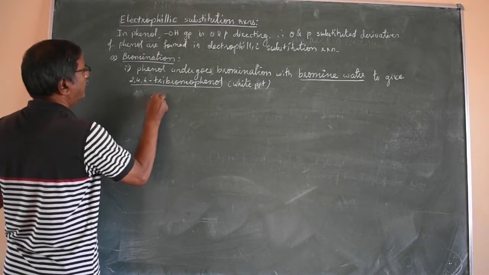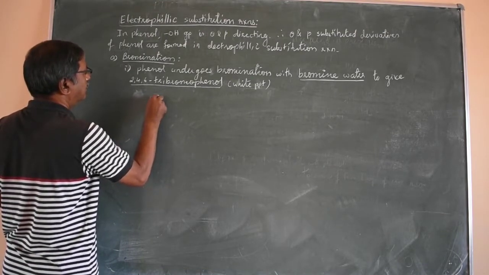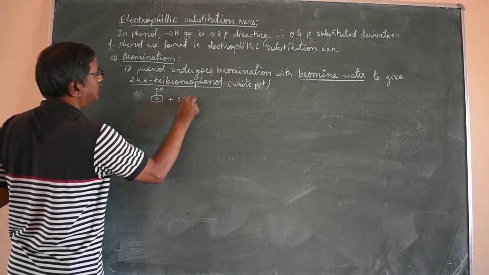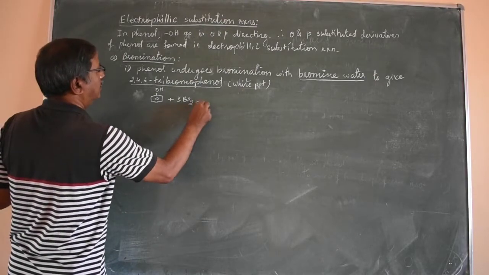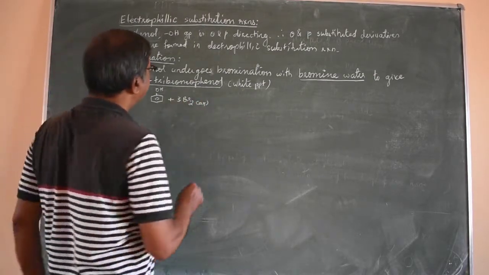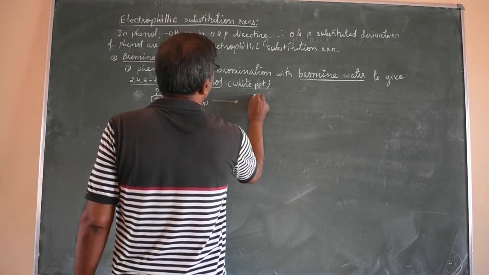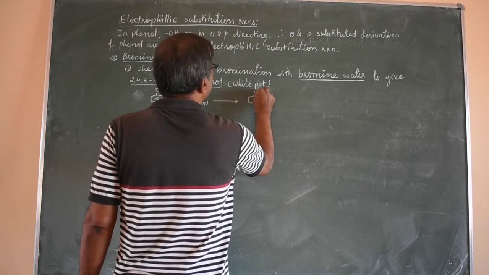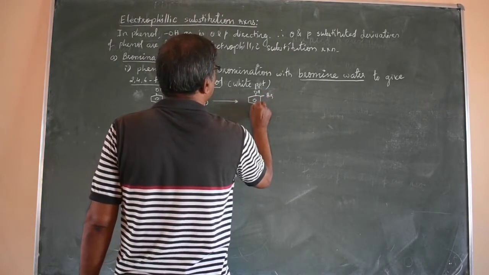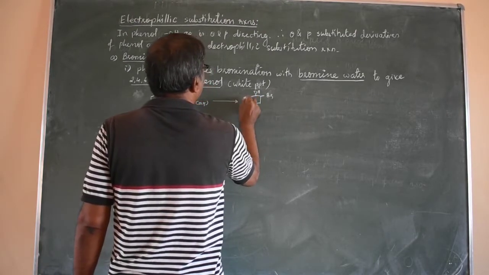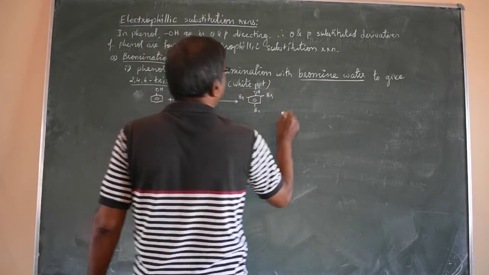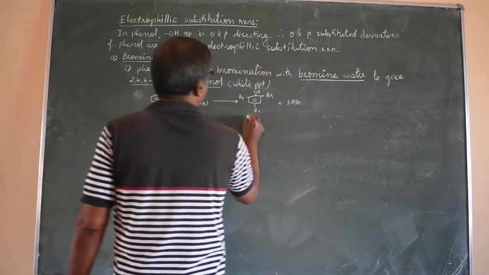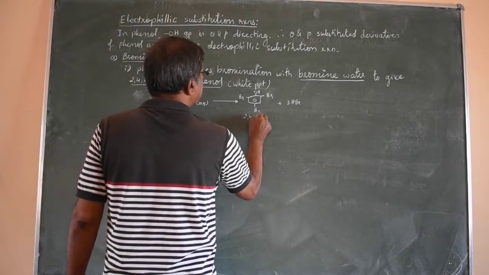The equation is phenol plus bromine, and we write aqueous or bromine water. The product is 2,4,6-tribromophenol, with OH, Br, Br and Br, plus 3HBr.